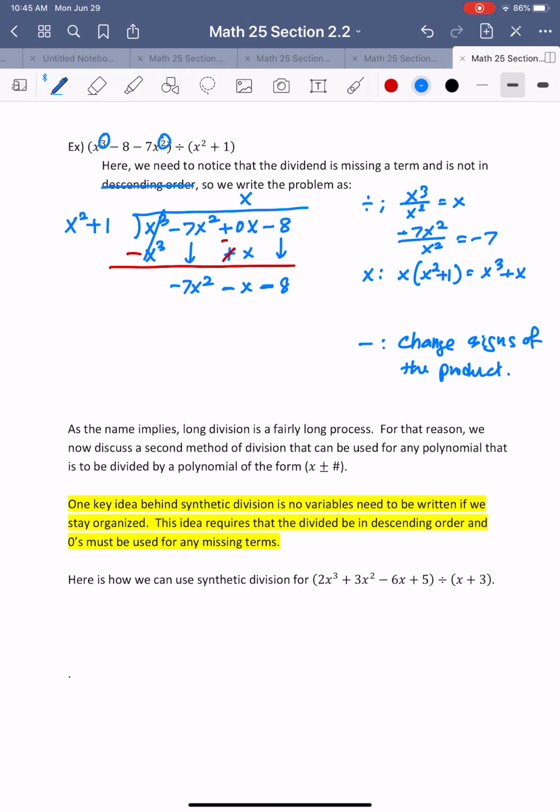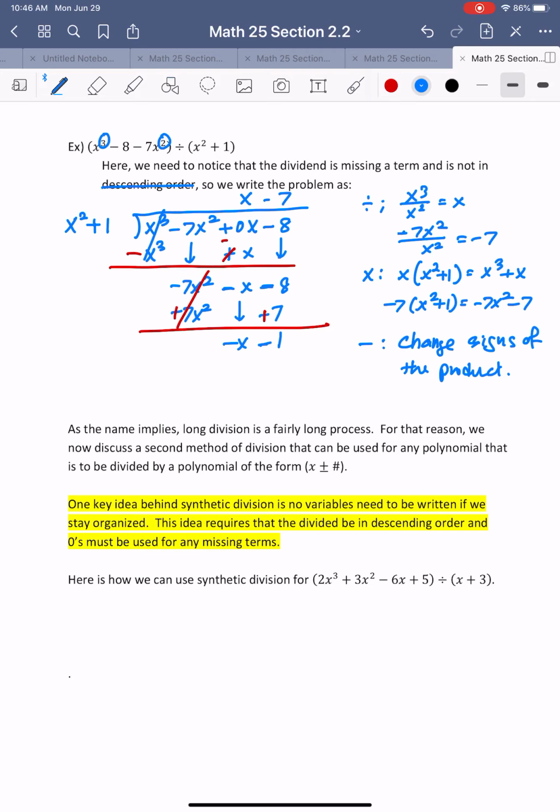We get negative 7. So negative 7 times x squared plus 1. I got negative 7x squared minus 7, okay? So negative 7x squared minus 7. Subtract. Change the sign. Cancel. You drop the negative x and minus 1.